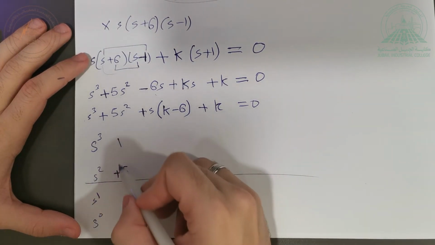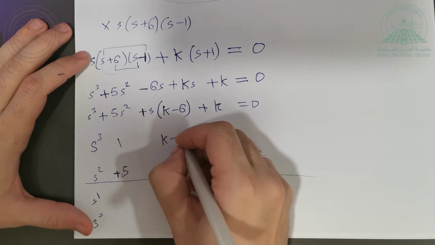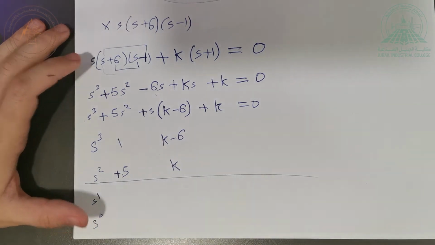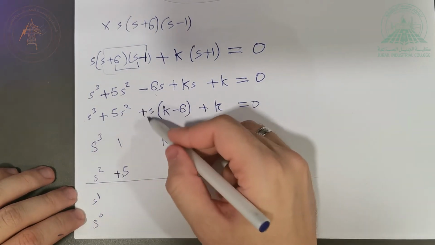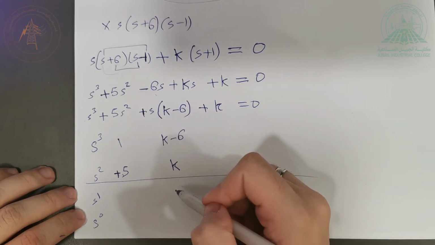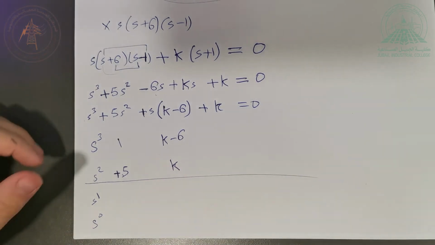then 1, 5. What do I have here? I have k minus 6, then k, right? 1, then 5. Then the coefficient of s, what is it? It's k minus 6 as a whole, put it like that. And then k. Okay.